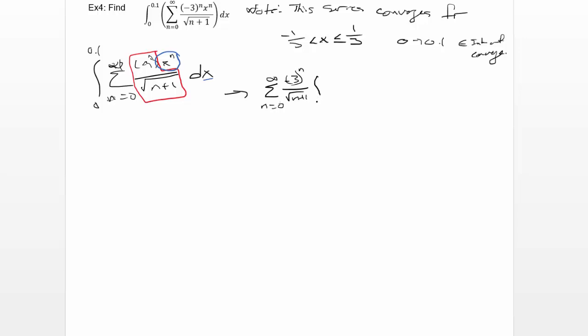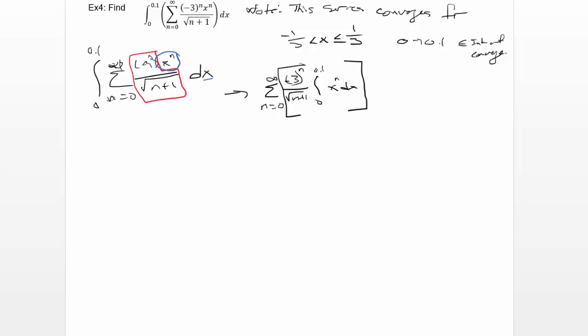Each of these terms gets multiplied by the integral from 0 to 0.1 of x^n dx. Each term is going to have something of this form, and then I'm going to sum them all together for increasing values of n. We know how to find this type of integral. This is the most basic sort of integral we find. This is the power rule.